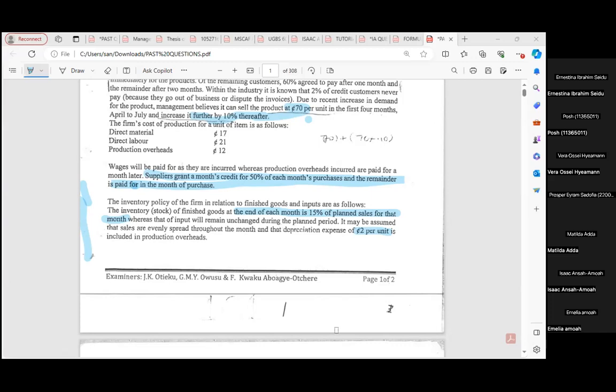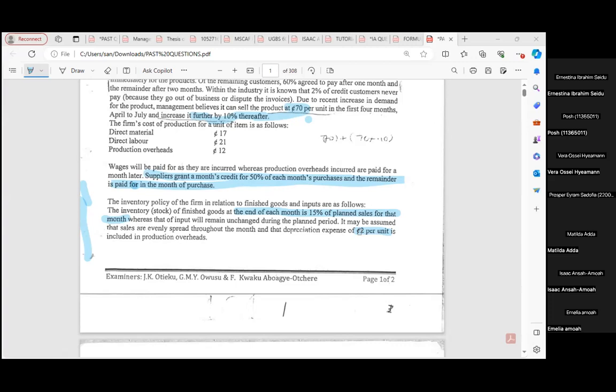So if we are considering machine, which is depreciating, if you use your machine to produce each item, the machine depreciates at 2 cedis. Each item of production, the machine depreciates at 2 cedis.